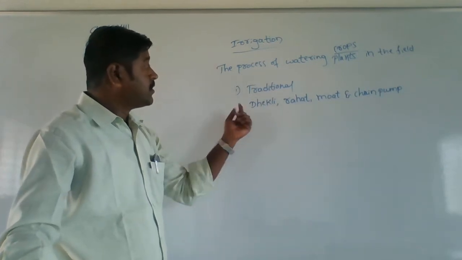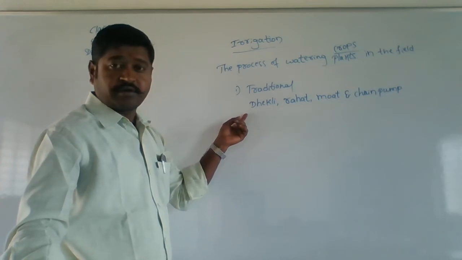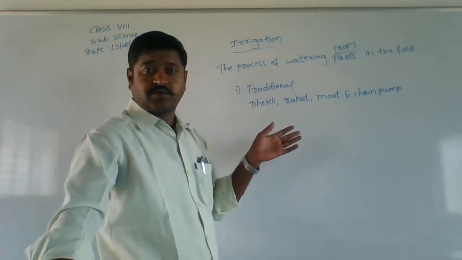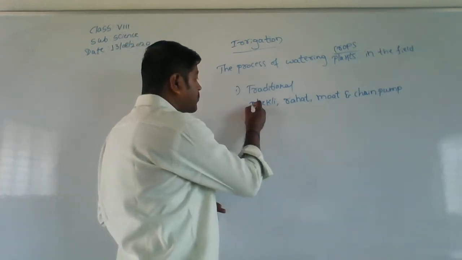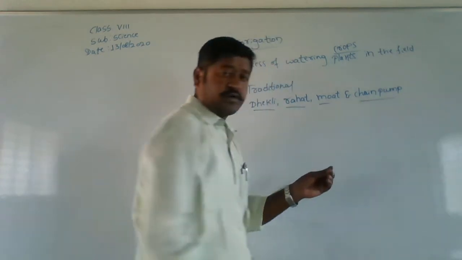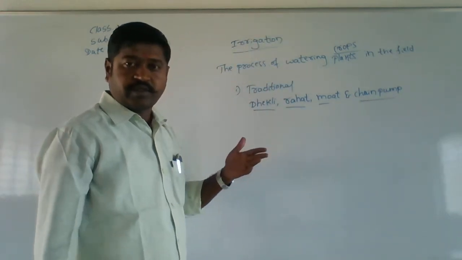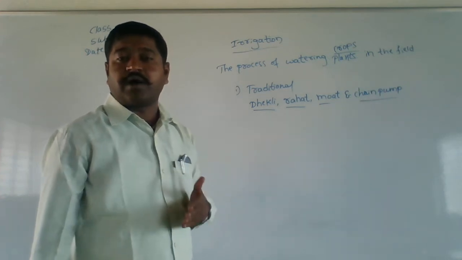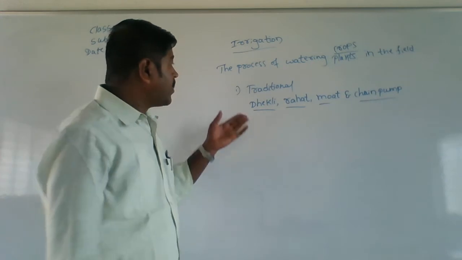Well, in the first, traditional method, we will be seeing how these traditional methods were used in the earlier days. In that, we have Dhekli, Rahat, Mode, and Chain Pump. These were the methods which were used for providing water to the crops in the field, right?